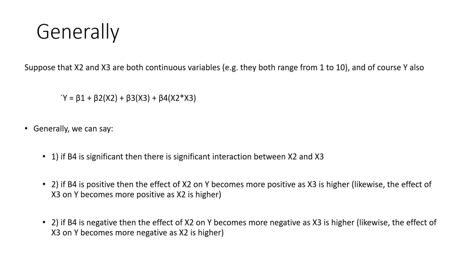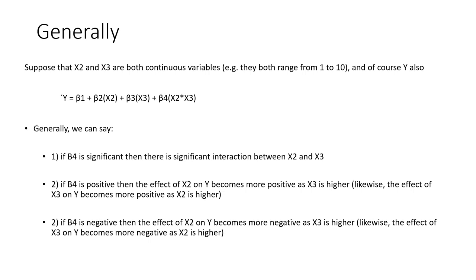Let's just say, for example, they may both range from 1 to 10. So x2 ranges from 1 to 10, x3 ranges from 1 to 10, and y is a continuous variable. And I assume that there's an interaction effect between x2 and x3.